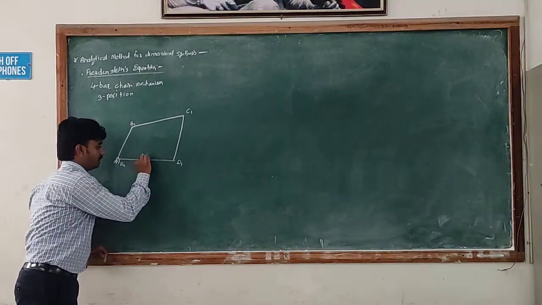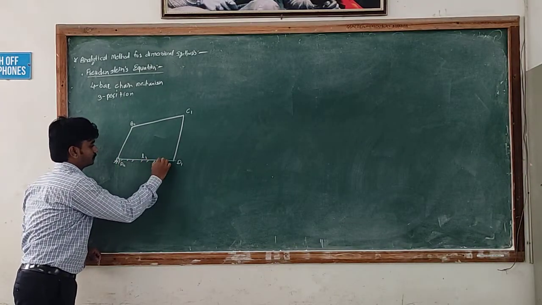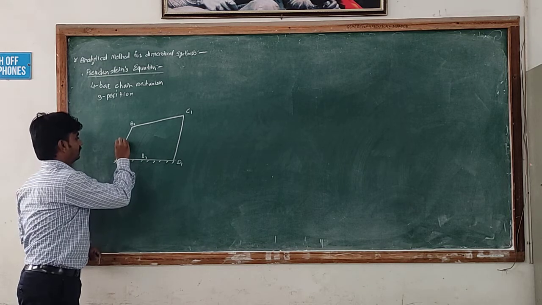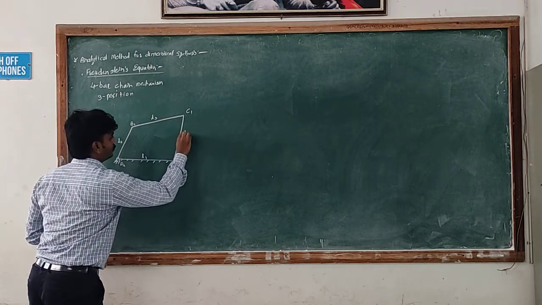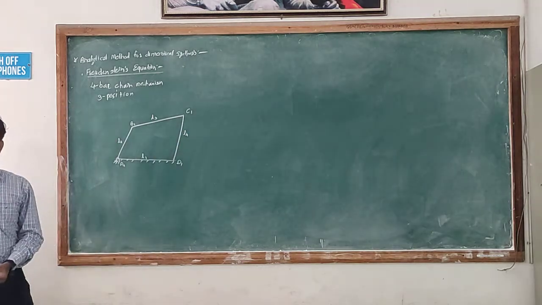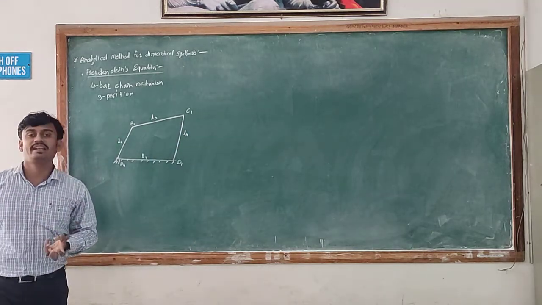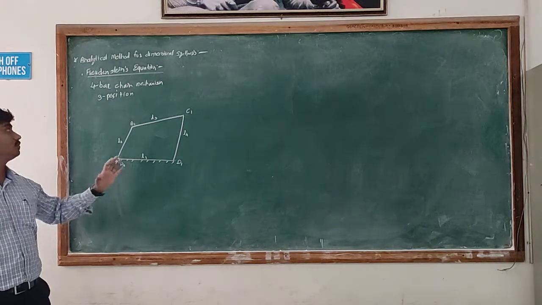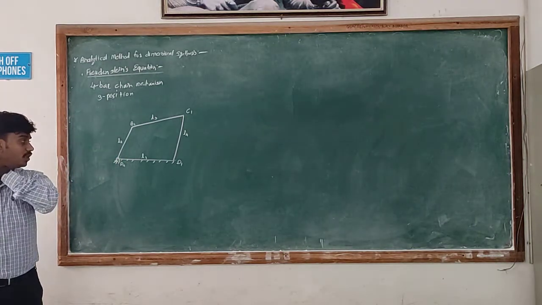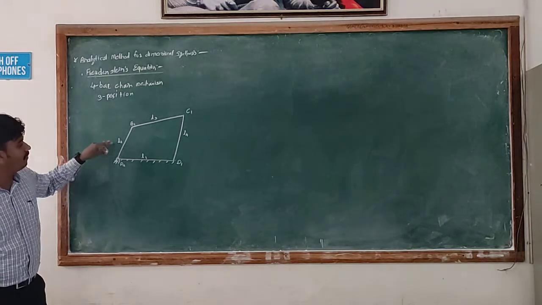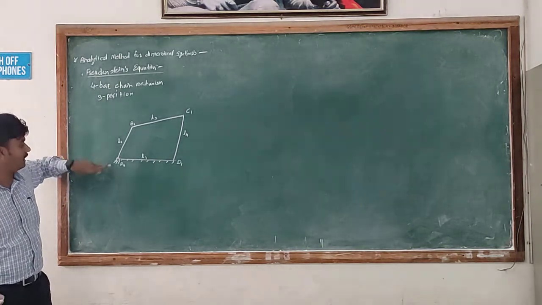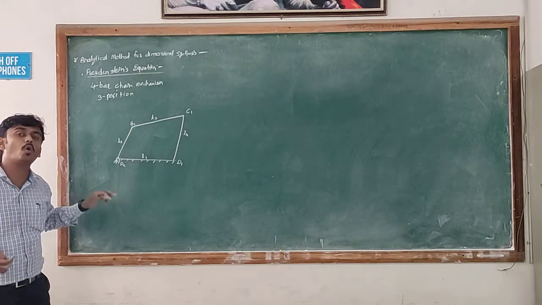This length is L1, which is fixed. This length is L2, this length is L3, and this length is L4. We have to derive an equation in this method.